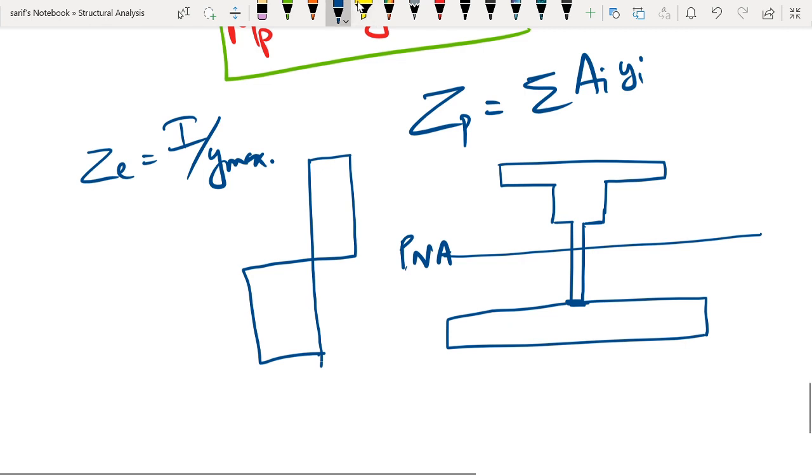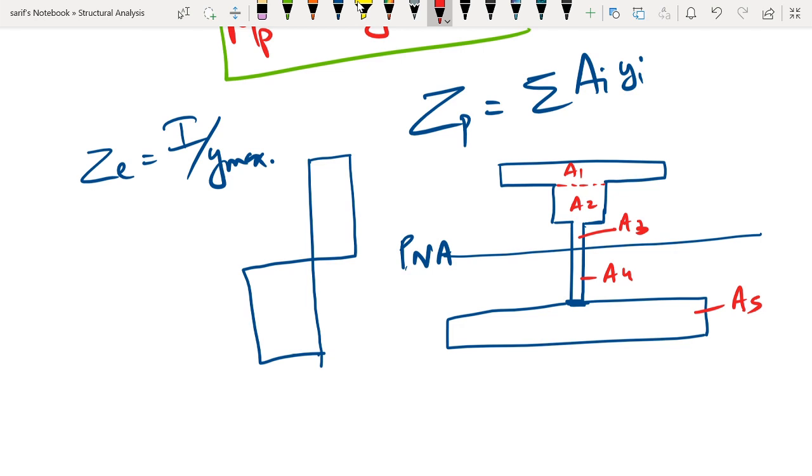Now we have different segments of area available on either side of the neutral axis. The total area above the plastic neutral axis will be A by 2. The total area below the plastic neutral axis will also be A by 2. However, they are of different shapes. So we divide this area into different segments. For example, this will be a1 and this will be a2. This area would be a3, this area would be a4, and this area would be a5. So ai means a1, a2, a3, a4 and a5.